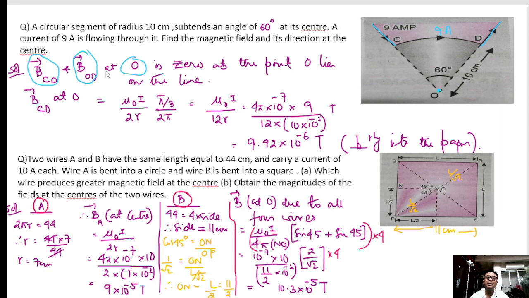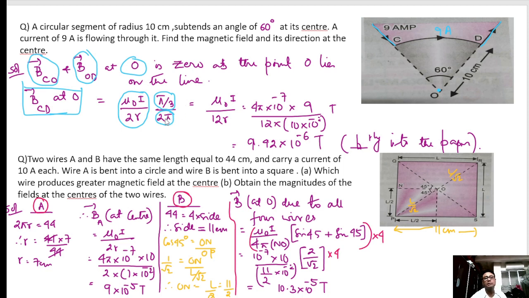Now we have to find out the magnetic field due to only the segmental arc CD at O. So it is mu 0 I by 2r, into the angle subtended by 2 pi. Please note the formula: it is the angle subtended by the segment by 2 pi.